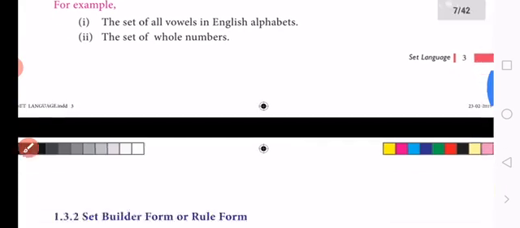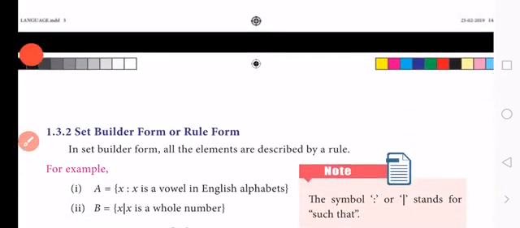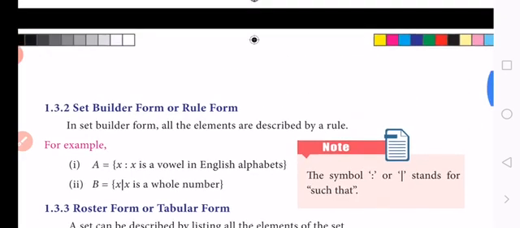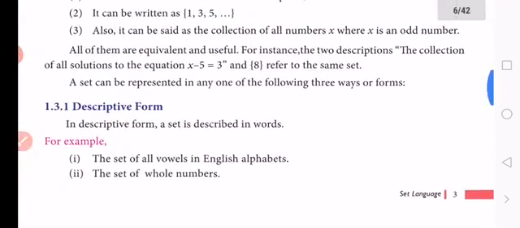And third one, roster form or tabular form. So these are the three ways to represent a set.